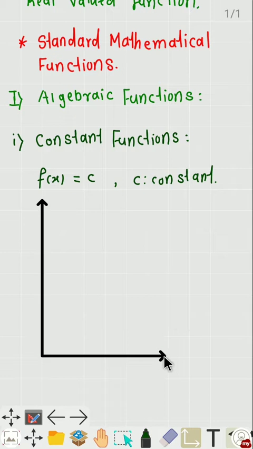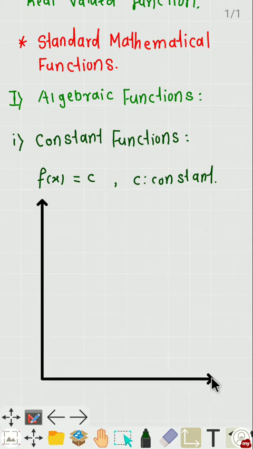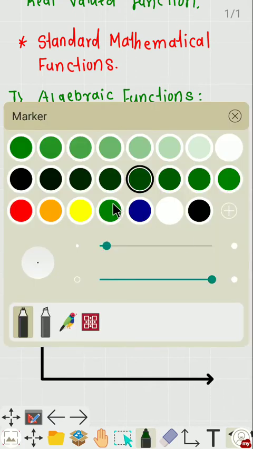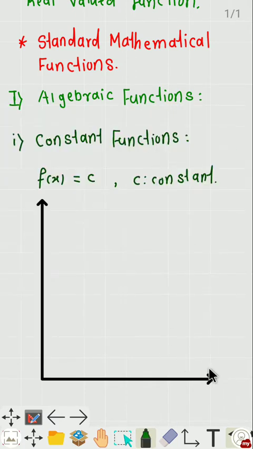Both axes are perpendicular. Now we draw the graph of the constant function f of x is equal to c. F of x is the value of y, so y is equal to c. For any value of x, the value of y is c.